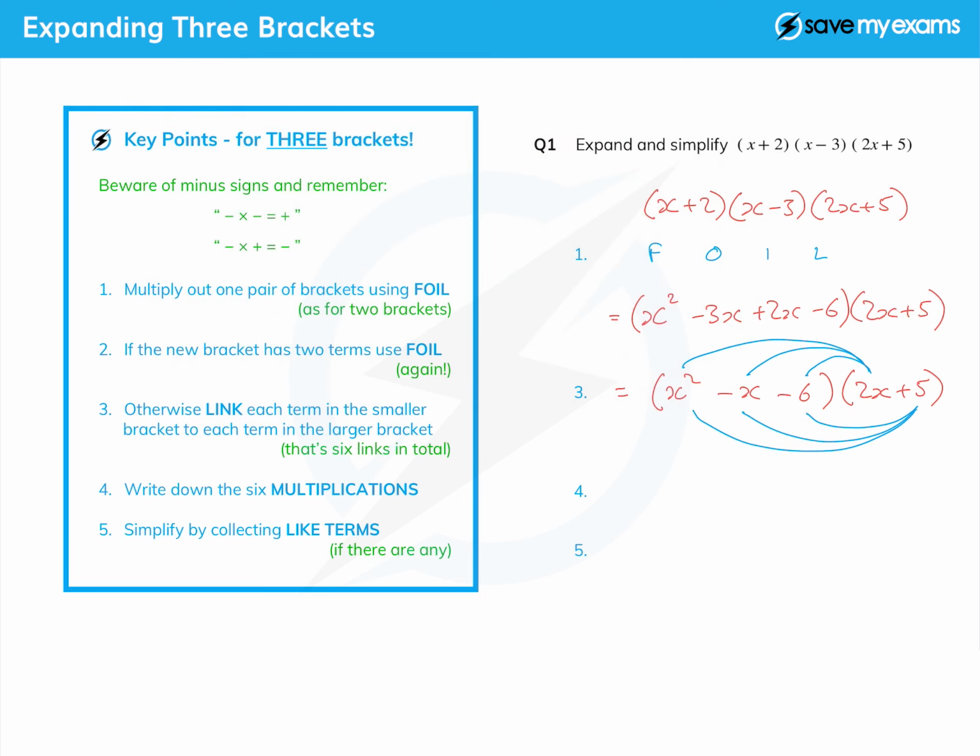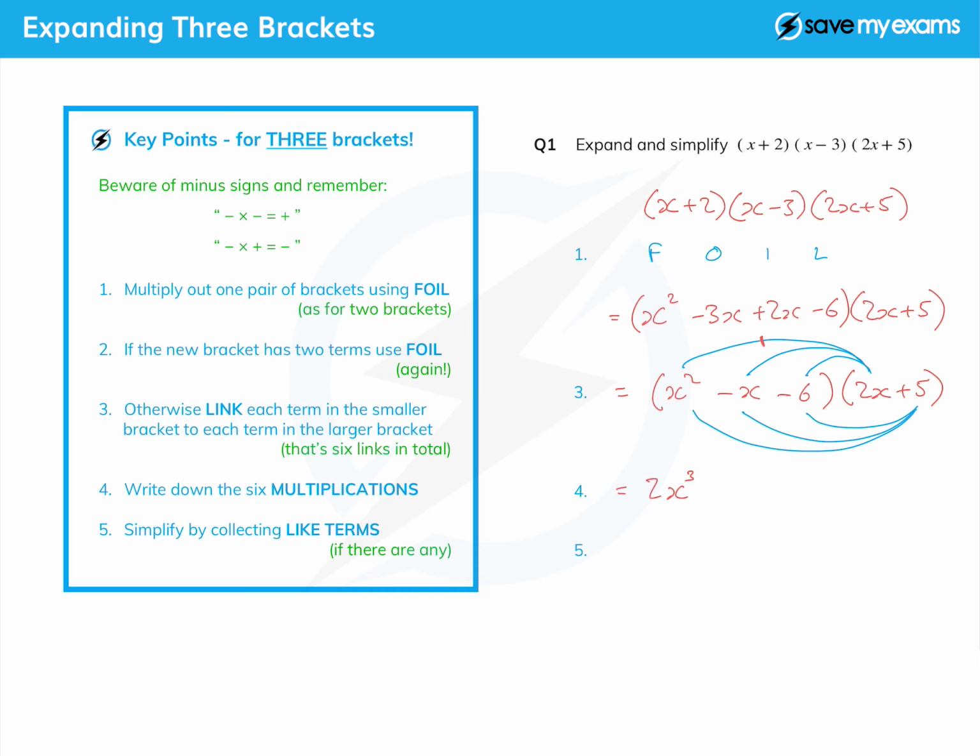Okay, so here we go. Now, I'm going to work very logically here. I'm going to do the one at the top, so that's the x squared and the 2x. So x squared times 2x, well, I've got the 2, and x squared times x is x cubed. Now, just to keep track of things, I'm actually going to put a line through that link so I know I've done it.